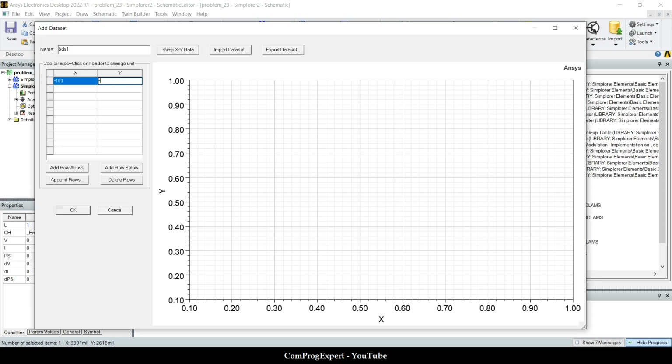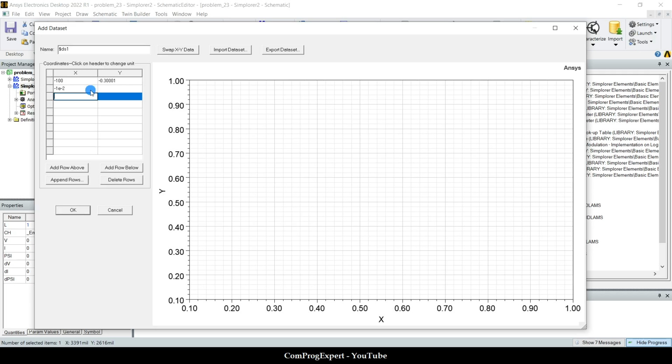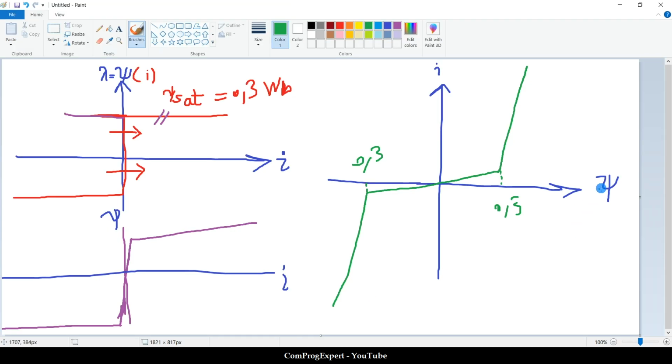This can be equal to 0.30001. When this is equal to negative 1e-2, excuse me, the x is the flux linkage.